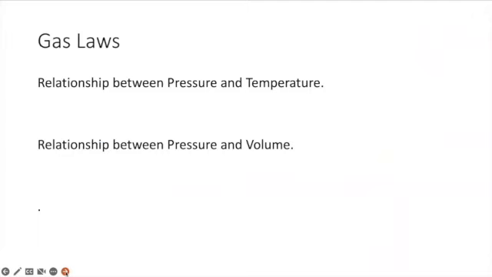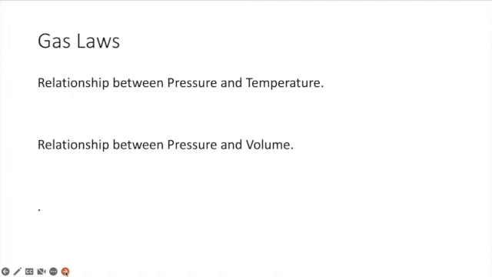So, gas laws. We'll talk about 2 specific gas laws, the ideal gas law and the combined gas law, I'm sorry. But first, I wanted to talk about a general principle between both of these gas laws. And that's the relationship between pressure and temperature.